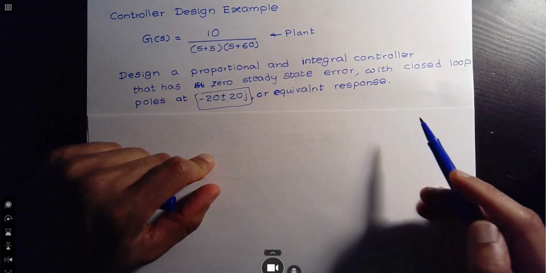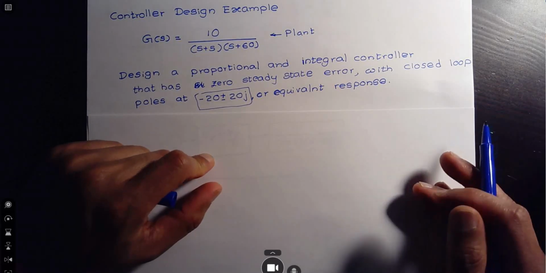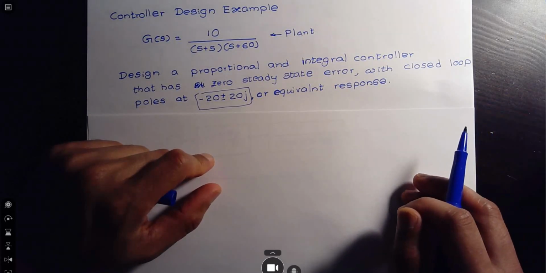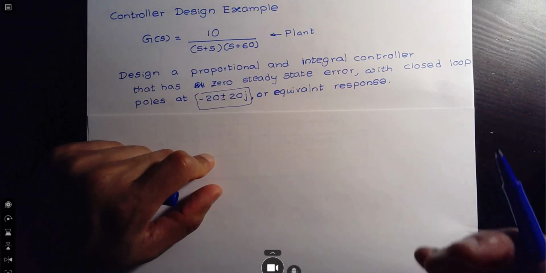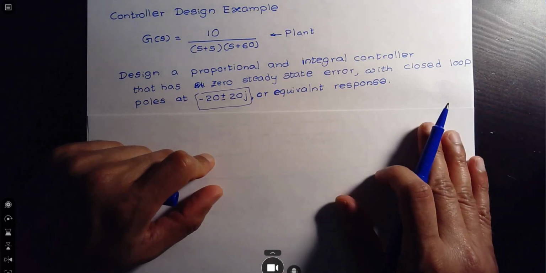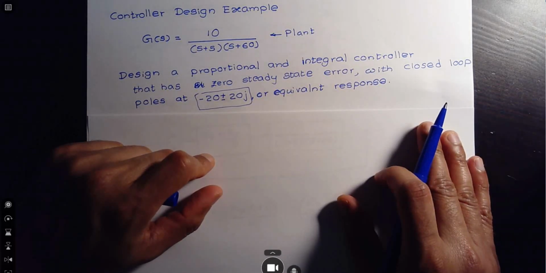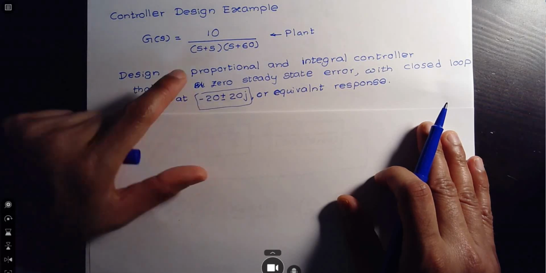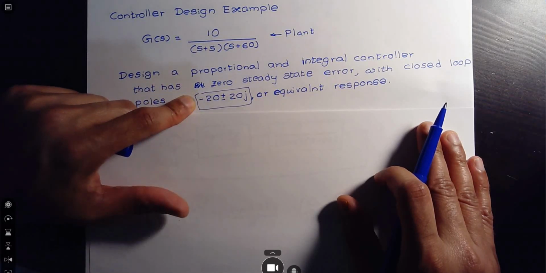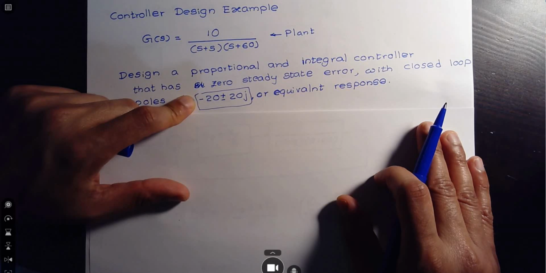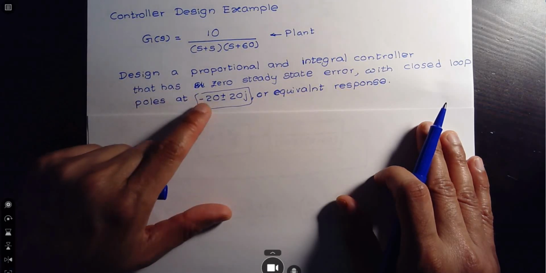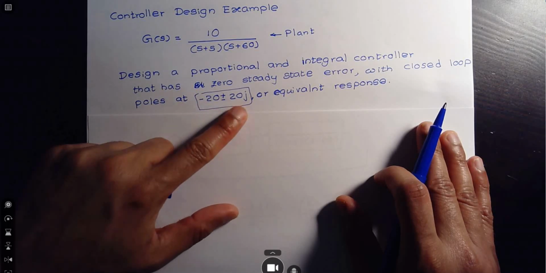You might be given percent overshoot and settling time, or percent overshoot and peak time. So using those pieces of information and the theory that we learned in our previous lectures, you should be able to come up with a second order characteristic that can be described based on poles in the S-plane.